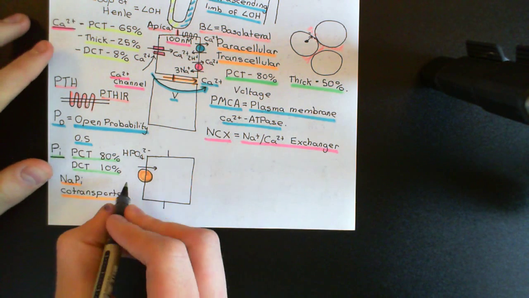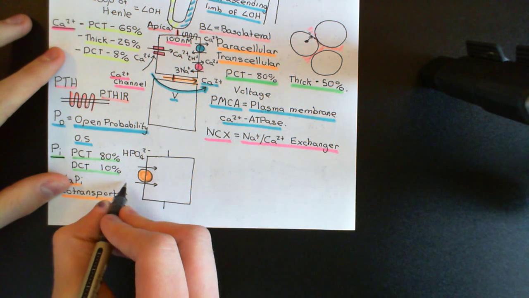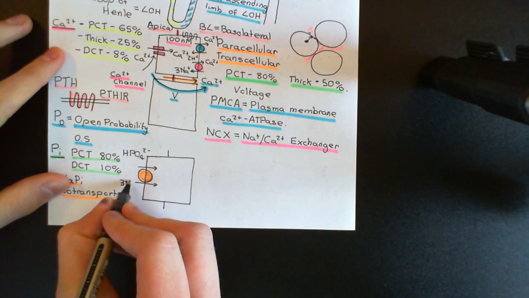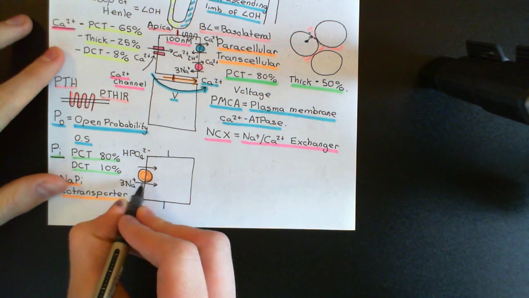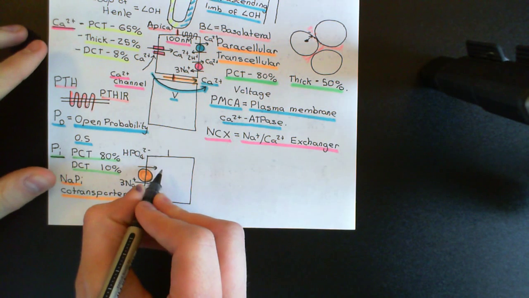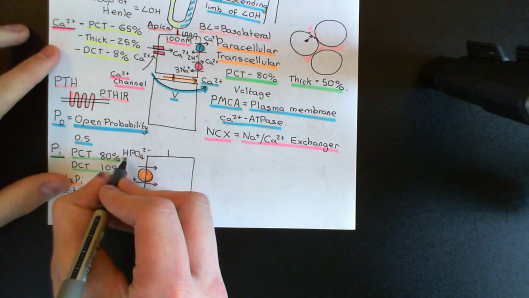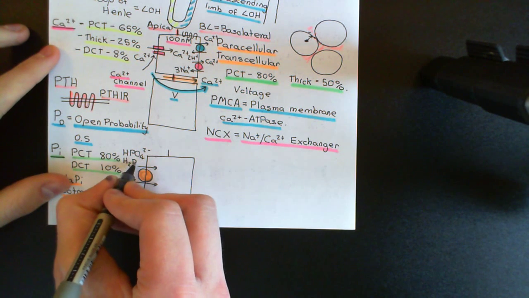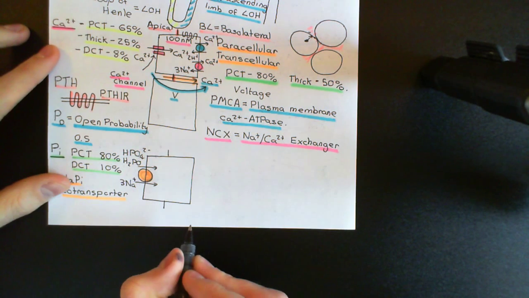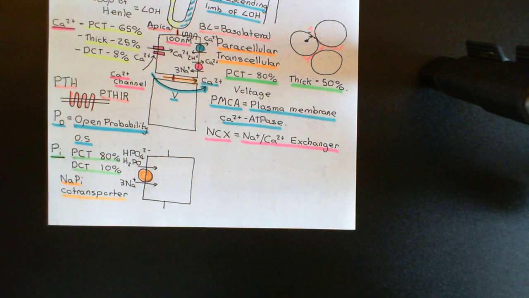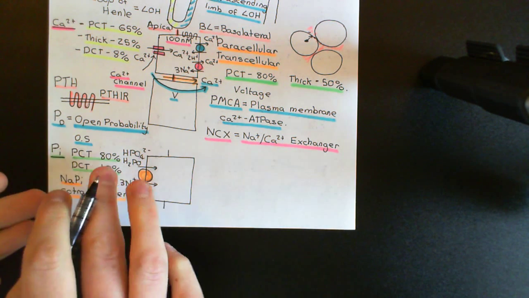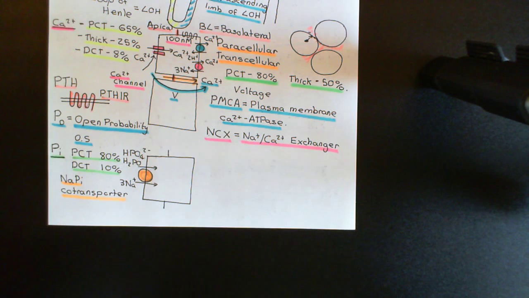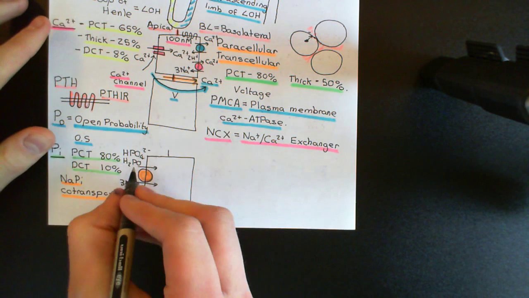You can transport that, but in that case you'll have to bring in 3 sodiums to provide the energy for moving that ion into the cytoplasm of the cell, or you can move the dihydrogen phosphate through. And remember, these are the two major forms that phosphate ions are in the blood, and therefore they'll be the two major forms that they're in this luminal fluid here.